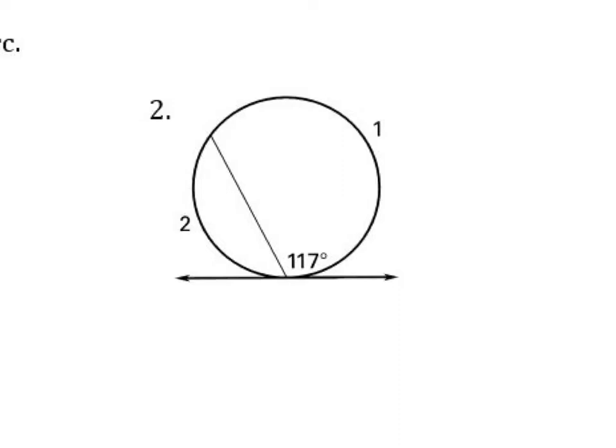For the next problem, it's just the reverse. They give me the angle here formed by the tangent and the chord, and what I want to do is figure out the arc measures. Well, I know 1 and 2 together cover the whole circle, so they're going to equal 360 degrees. So let's just focus on finding 1 to start. I know the relationship between that angle and the arc.